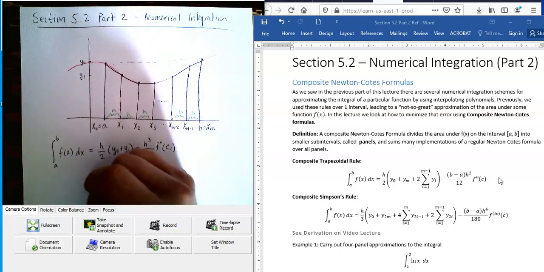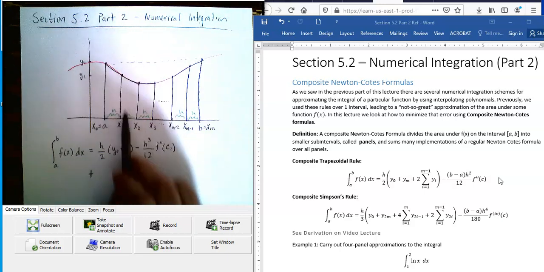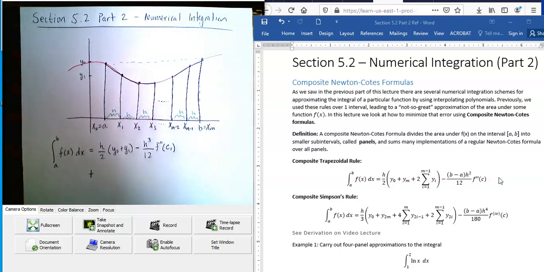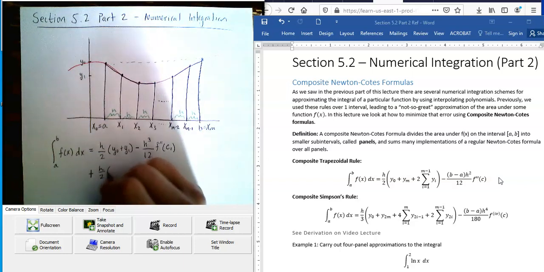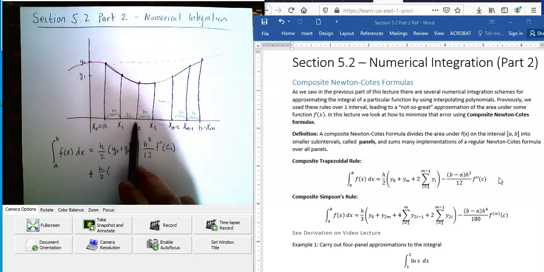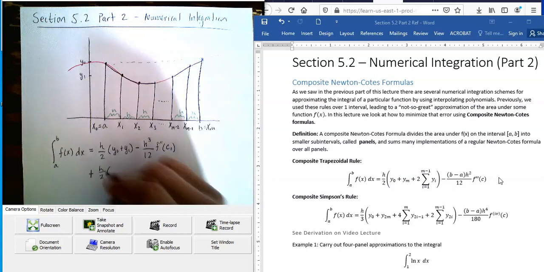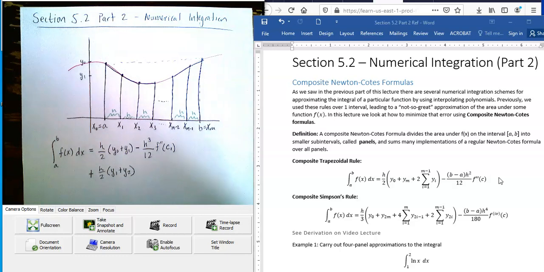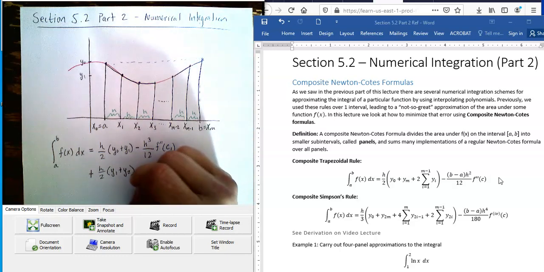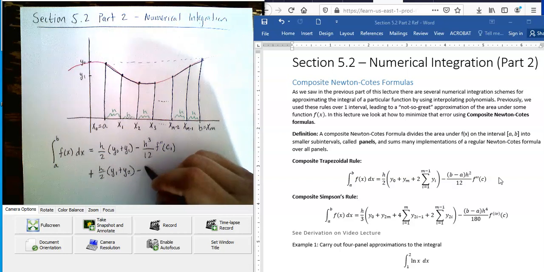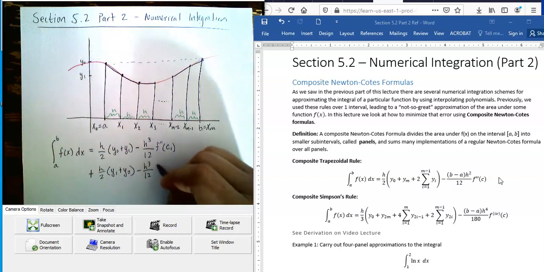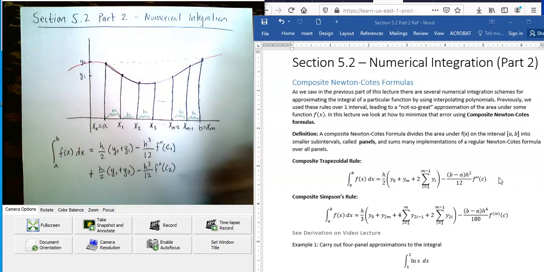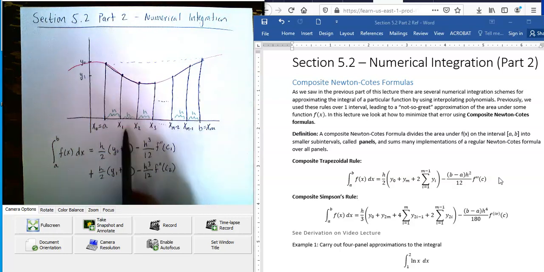Then we need to add the second panel here, the area of the second panel, which is similar in process, right? So h over 2 times the y-coordinate at x2 plus the y-coordinate at x1, so y1 plus y2. Minus the error term, which is the same thing, except at a different value of c, let's say c2. c2 would be in between x1 and x2 here.